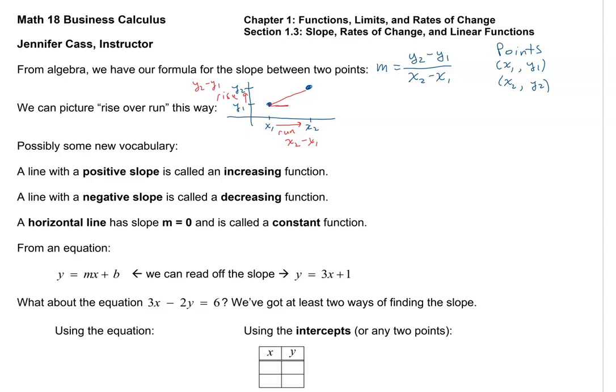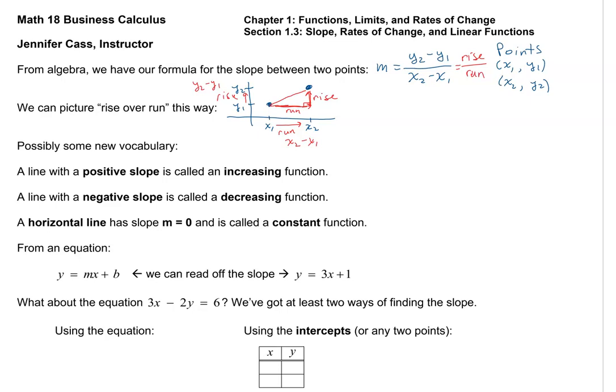On the graph, we can break that slanted line down into 2 pieces, the horizontal change and the vertical change, and that's the run and the rise, represented in the slope formula: rise on top, run on the bottom.